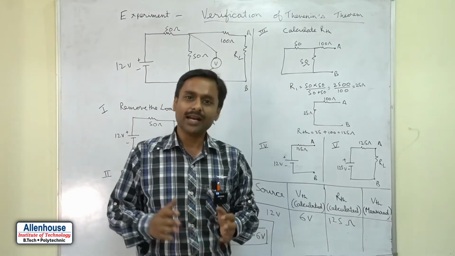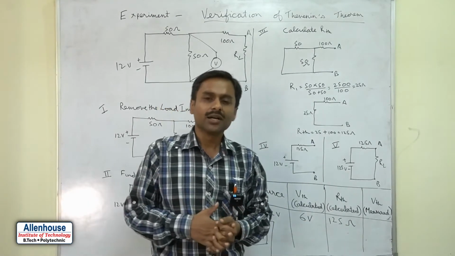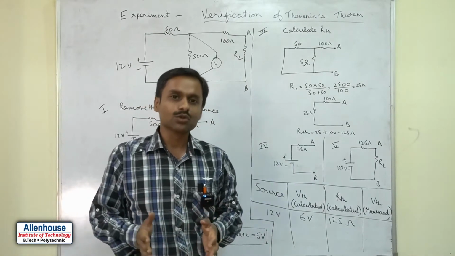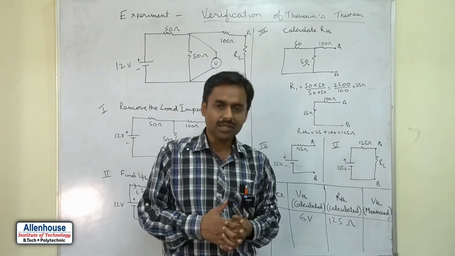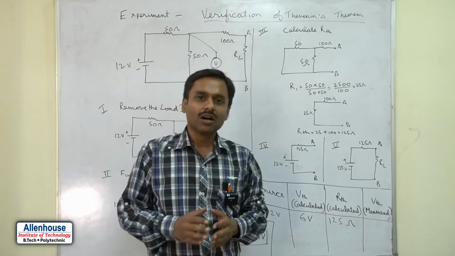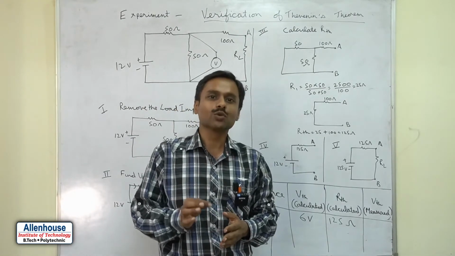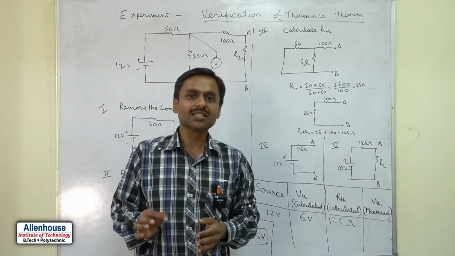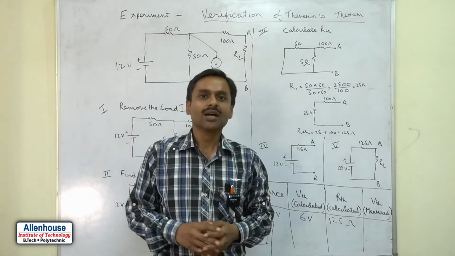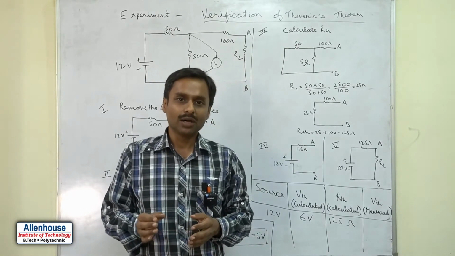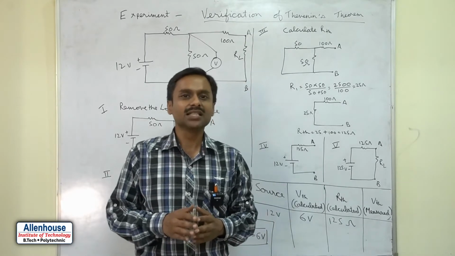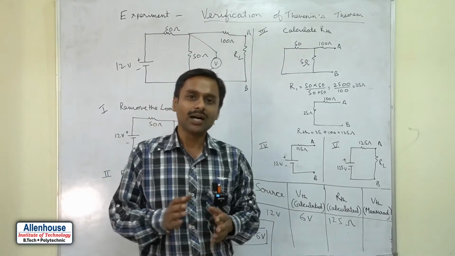Thevenin's theorem says that any linear bilateral network containing several sources and several resistances can be converted into a simple circuit containing a single voltage source whose voltage is Vth, where Vth is the open circuit voltage between the load terminals, and all the resistances into an equivalent resistance which we connect in series with Vth, which is Rth.